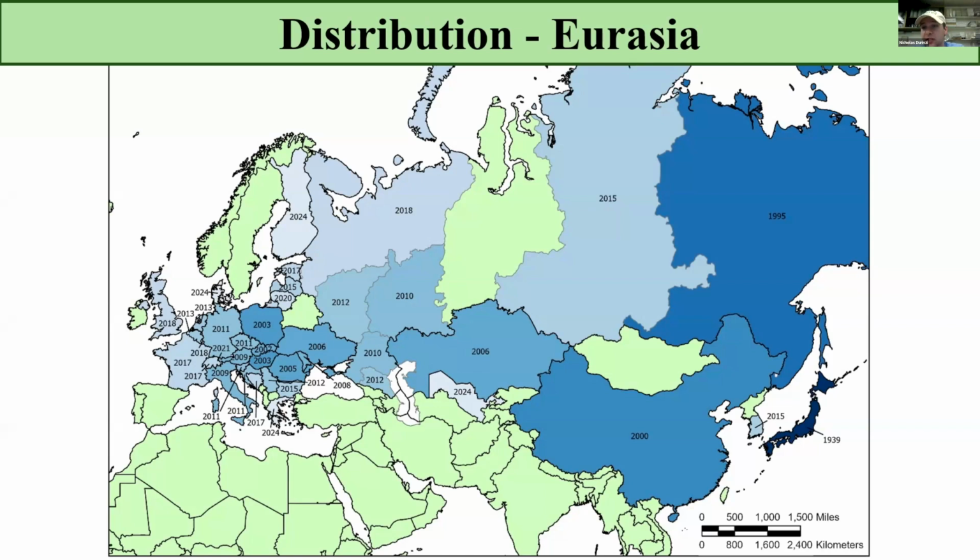And then just a few years later, they found it outside of the country. By 2003, it was found for the first time in Europe, in Poland and Hungary, and has since spread to over 35 different European and Asian countries.